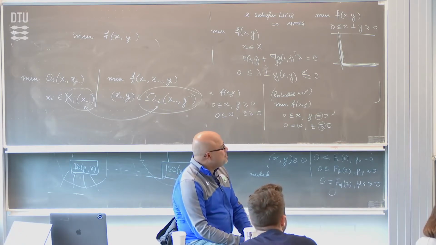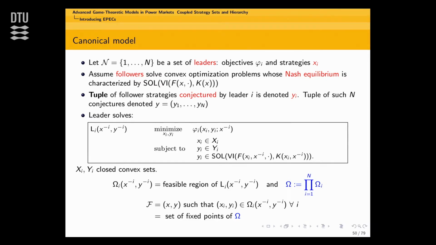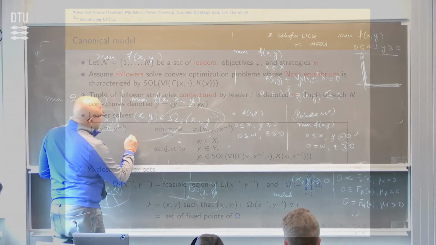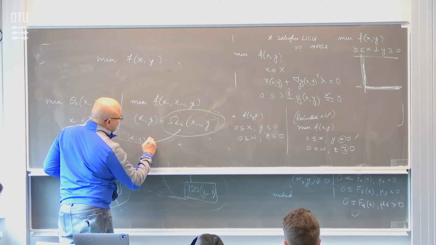So this is the feasible region of Li, given x minus I. F script is the set of (x, y) such that (xi, yi) lies in this. So basically what you notice is F script represents the set of fixed points of omega. This is an important insight. When I get an equilibrium of this problem, at equilibrium, what do I have?